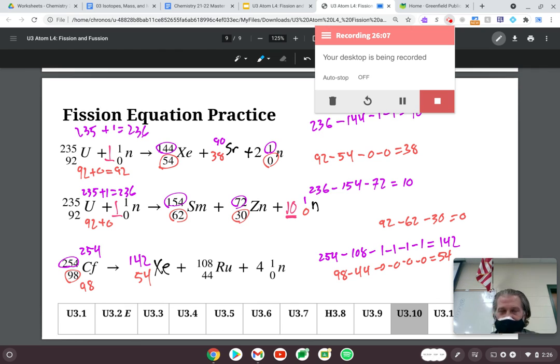And so that's why the 10 is in front of the neutron notation. Does that make a little bit of sense?